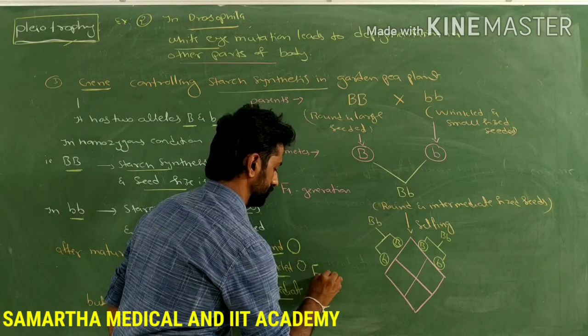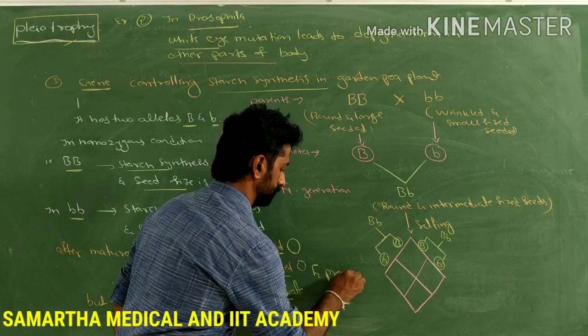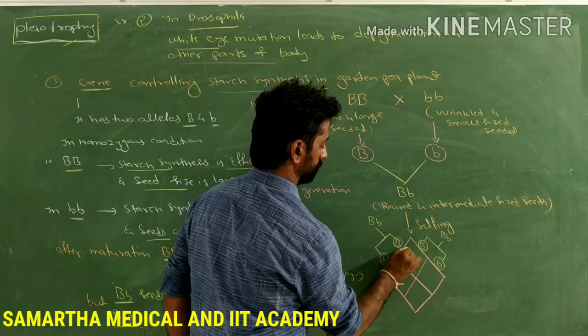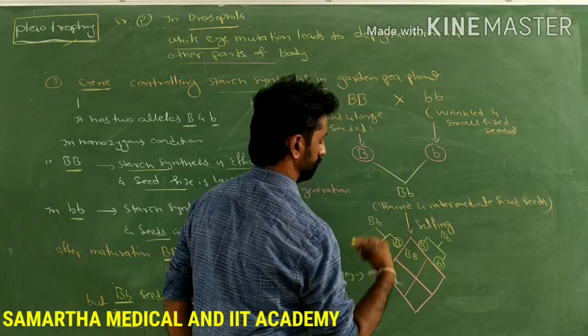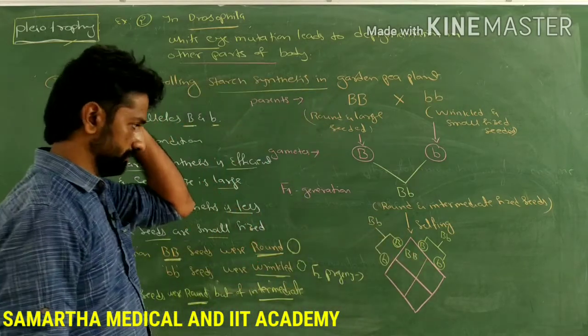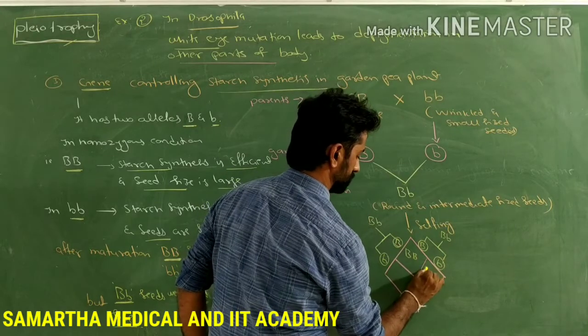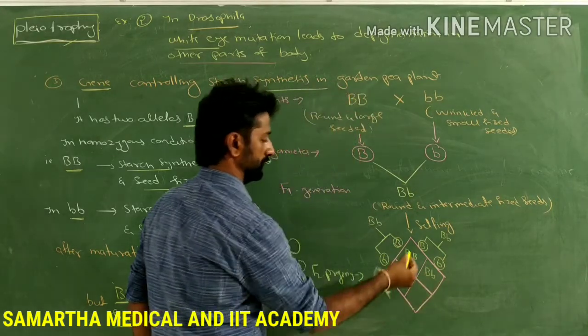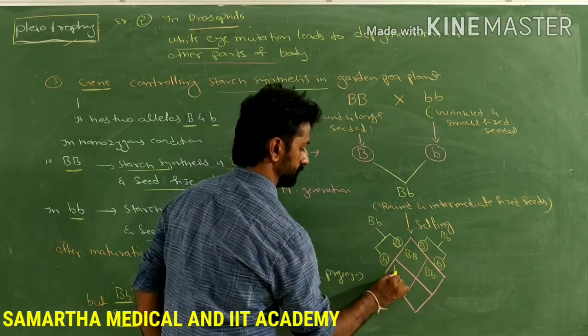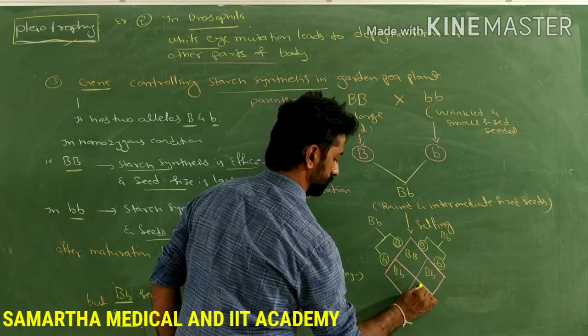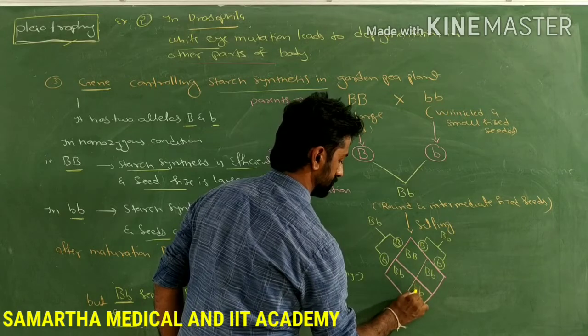So what is the combination here? Capital with capital means homozygous condition. Next, the dominant allele with the recessive one, so heterozygous. Dominant one with recessive, heterozygous condition. Recessive with recessive, homozygous recessive condition.